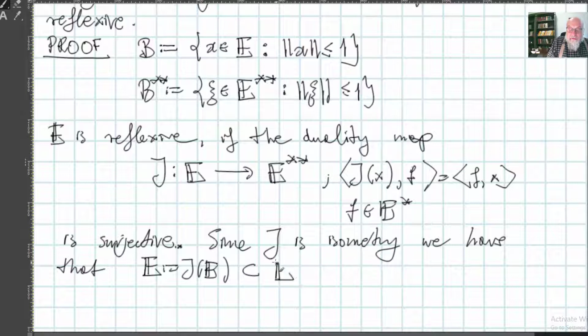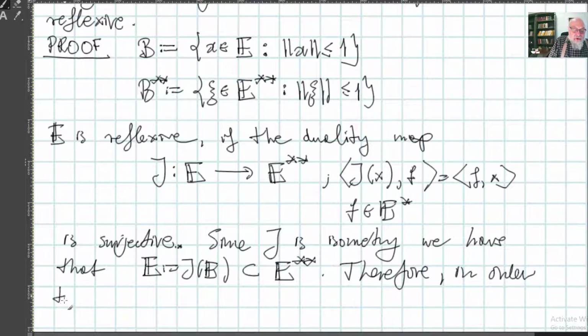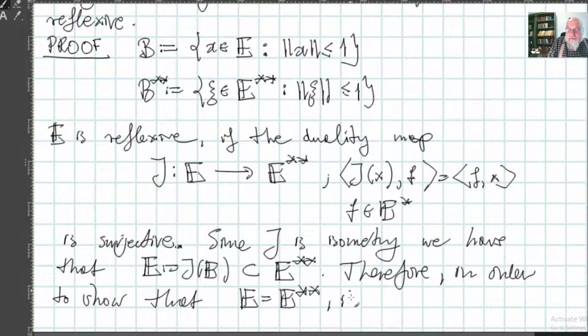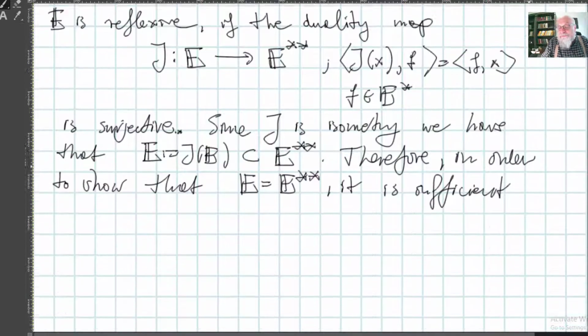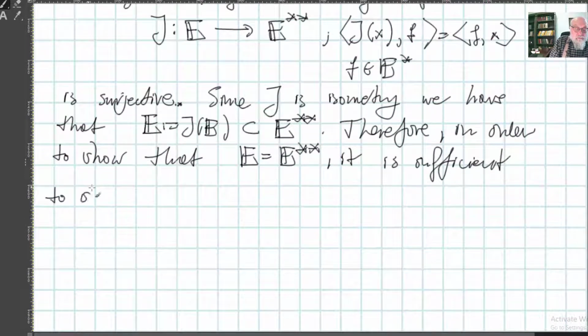Therefore, in order to show that this subspace is equal to the double conjugate, it is sufficient to show that J of B is equal to B double star.